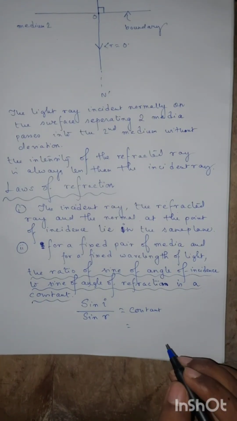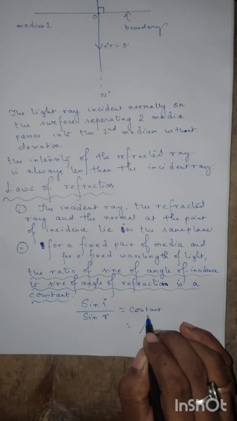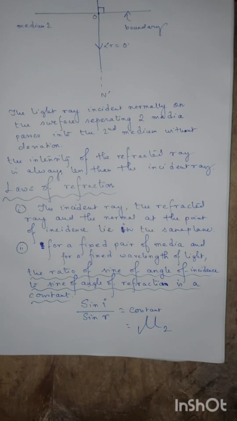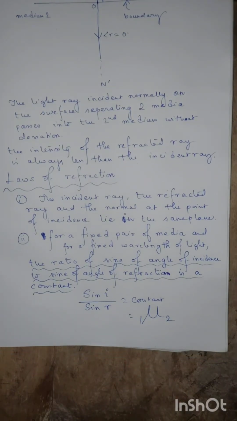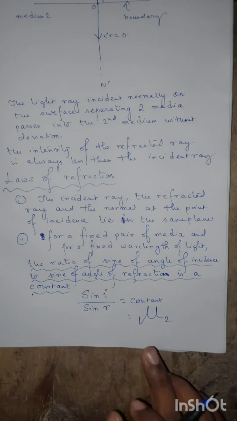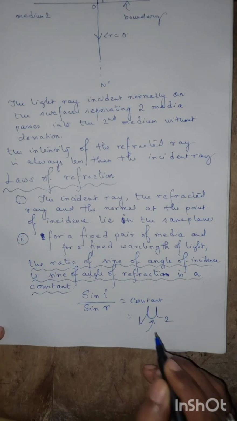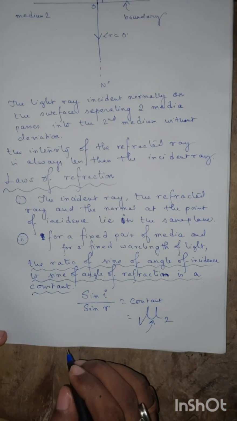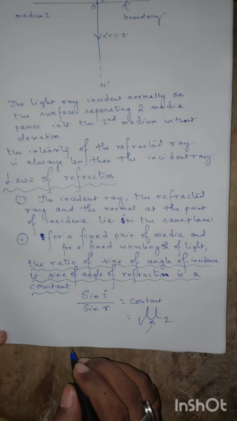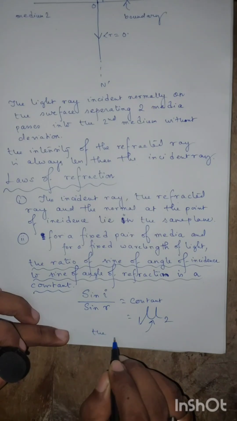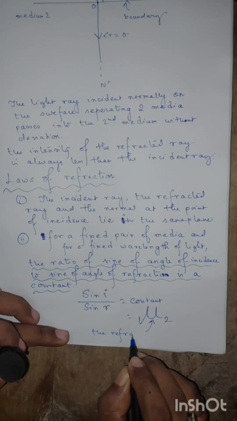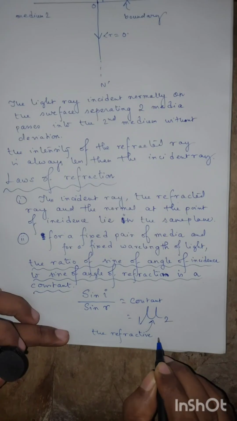This constant is represented by mu 2 1. This letter is called mu. Okay, mu 2 1, which means the refractive index.